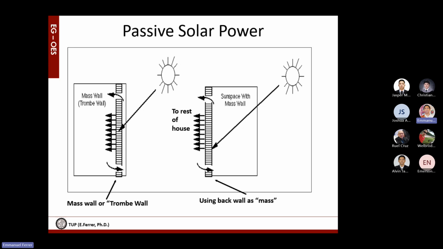Itong pinapakita dito, yung arrangement dito, yung mga thermal mass mo, yung wall, should be configured accordingly based on the season. Para during summer, ang pumapasok ay cold air or nilalabas yung hot air.